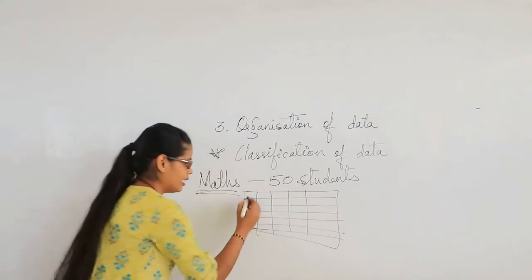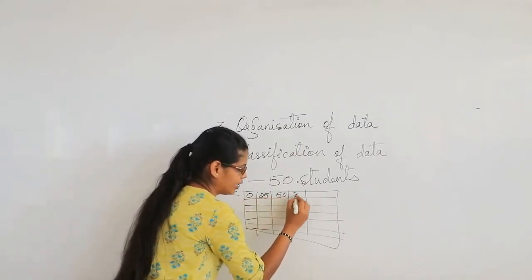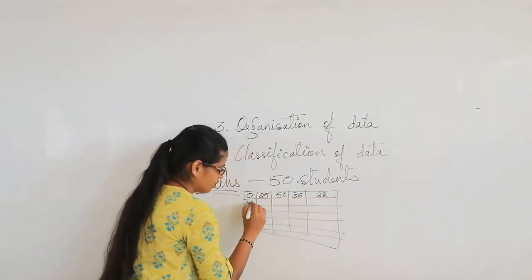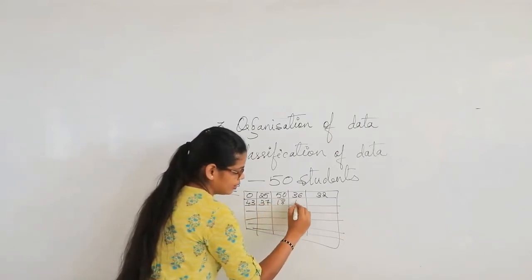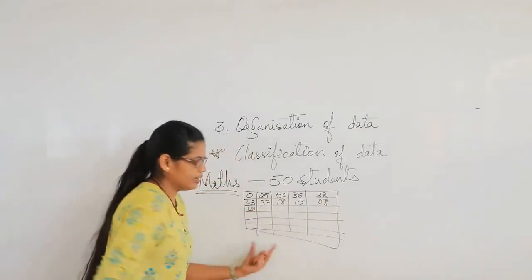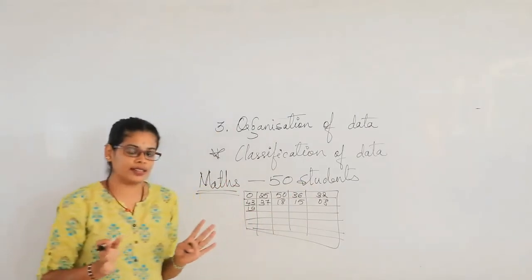Let's say 0, 25, 50, 36, 32, 43, 37, 18, 15, 8, 19, like this. Now this is the data of 50 students.